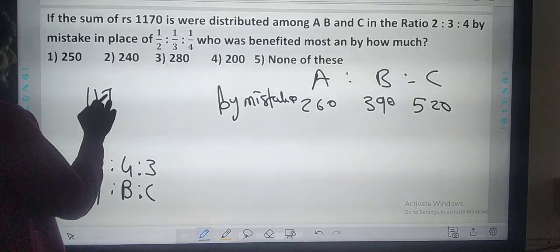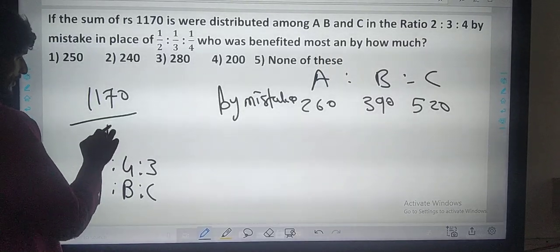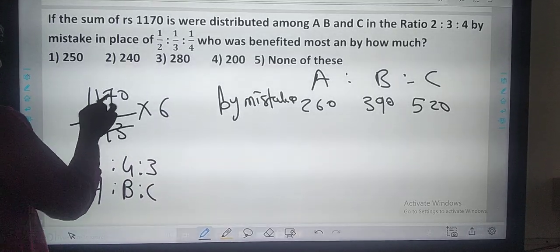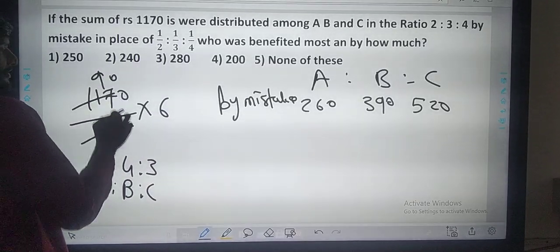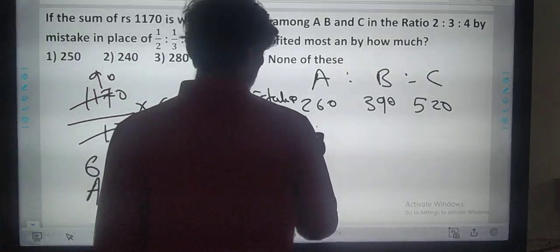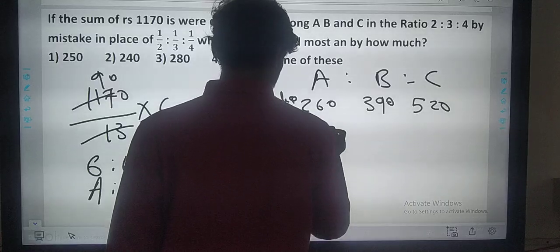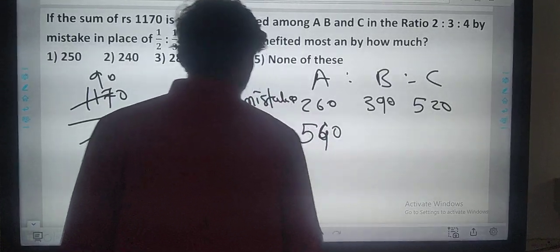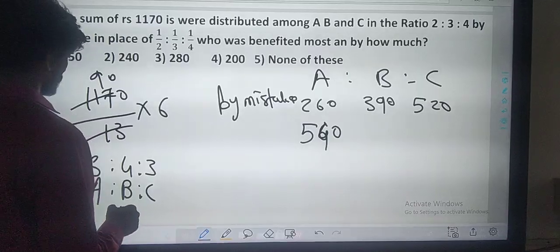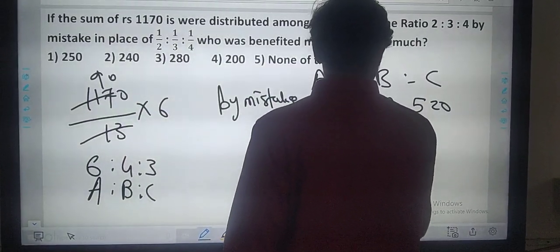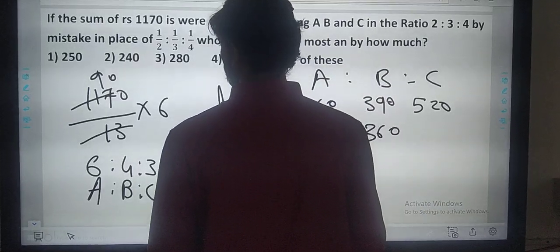Then 1170 upon 13 into A's ratio is 6, 90, that is A's ratio is 6, 540. Then B's ratio is 360 and C's ratio is 270.